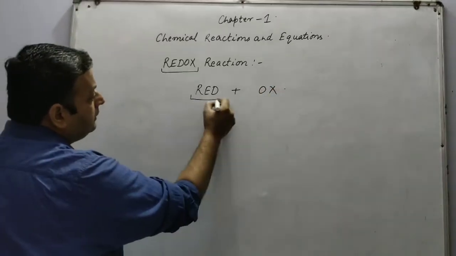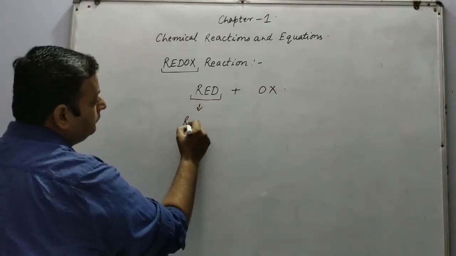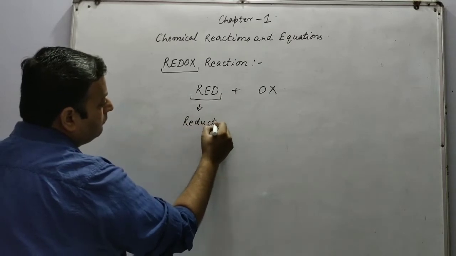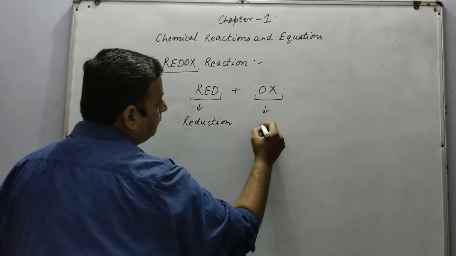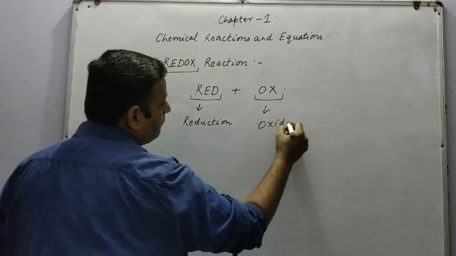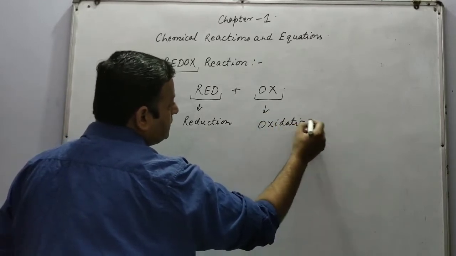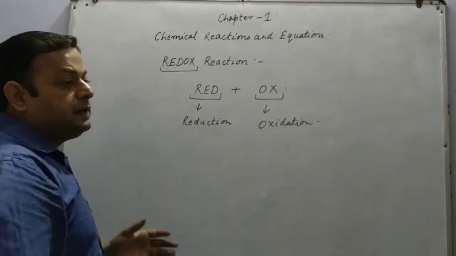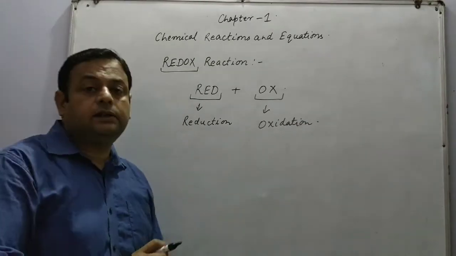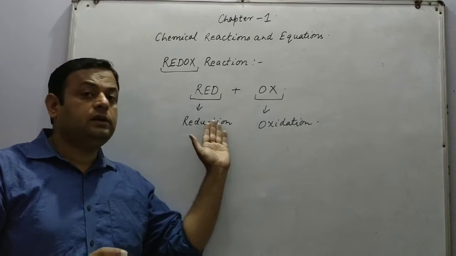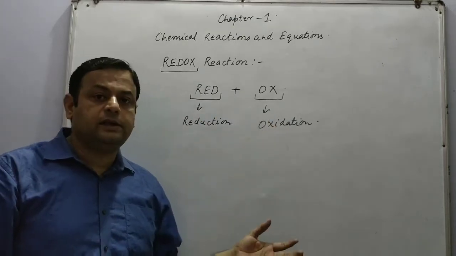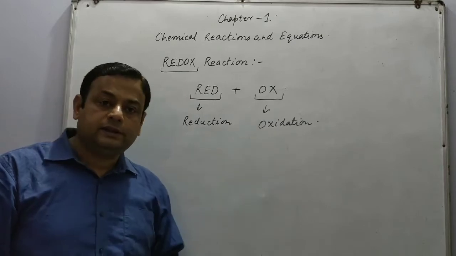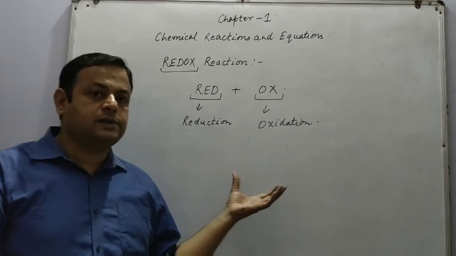Red stands for reduction and ox stands for oxidation. So simply we can say the chemical reaction in which reduction as well as oxidation is taking place simultaneously, such type of chemical reactions are considered to be redox reactions.